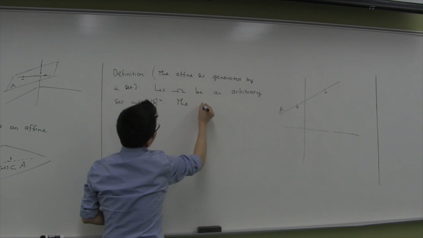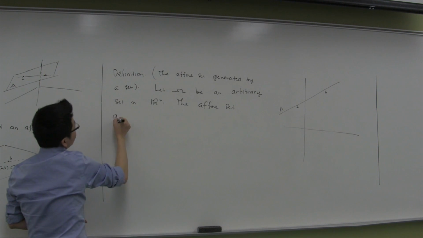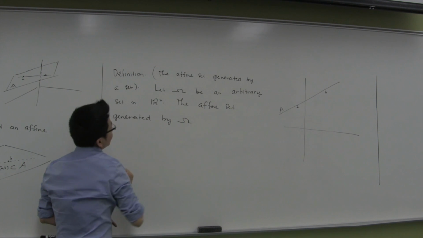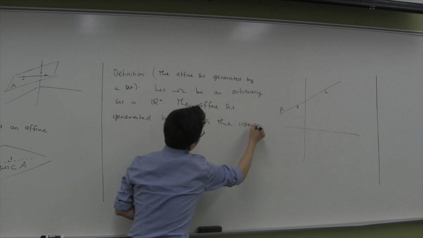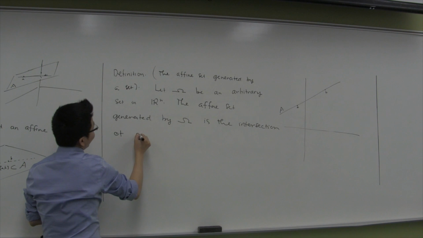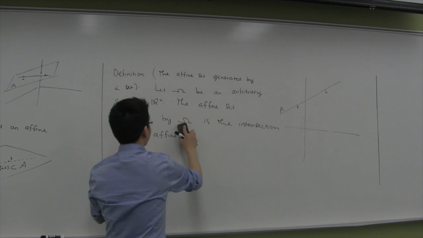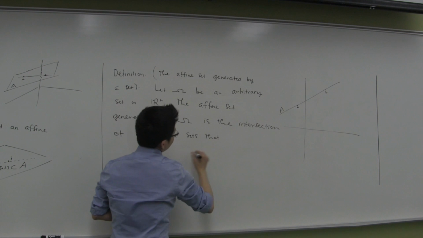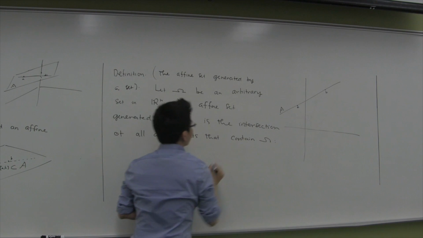The affine set generated by omega is the intersection of all affine sets that contain omega.